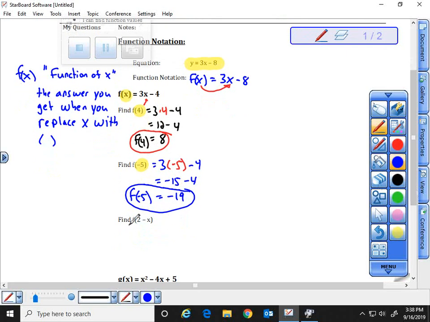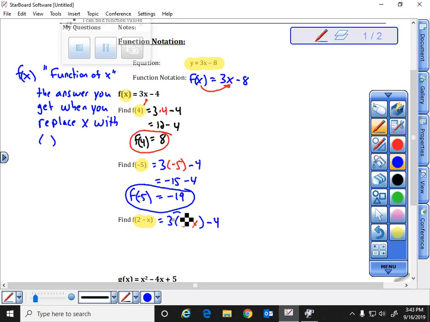Now when it's numbers and letters, an expression like 2 minus x, I'm going to replace the x with 2 minus x. So I'm going to have 3 times the quantity 2 minus x in for x, and then don't forget you still have to subtract 4.